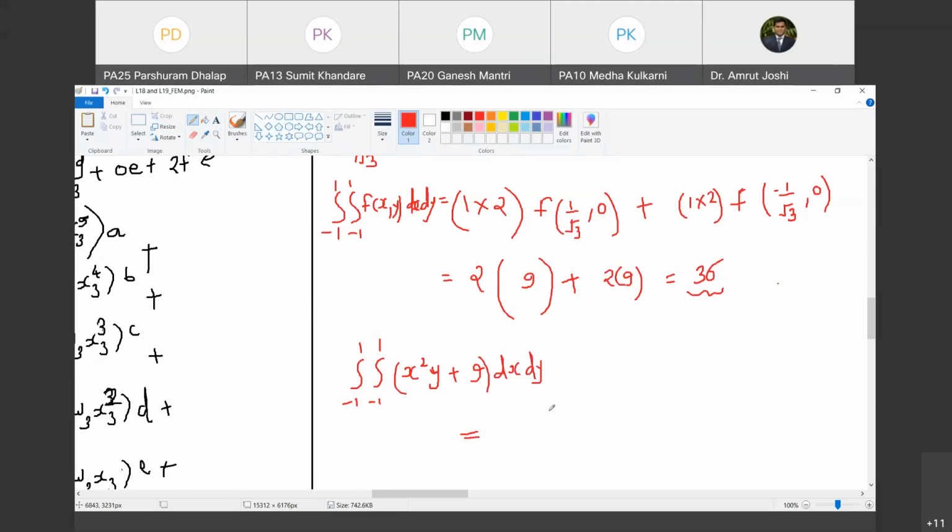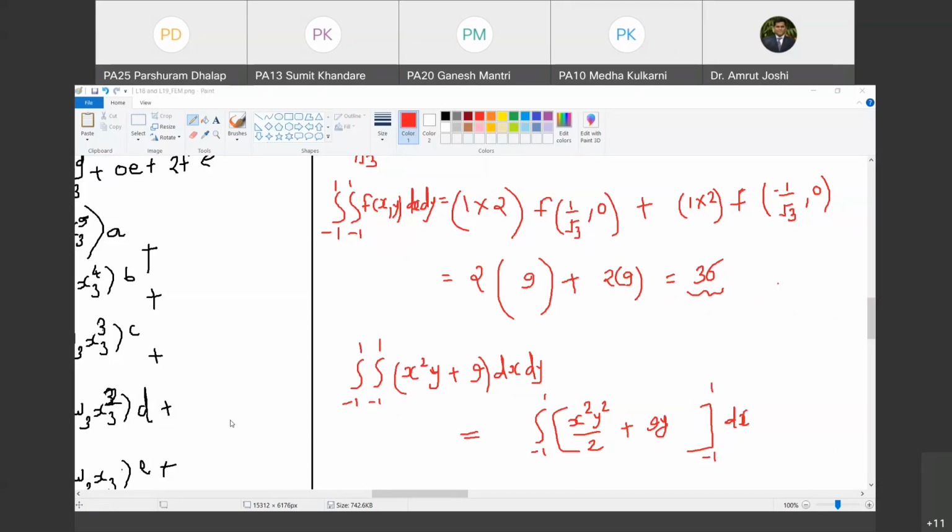When I integrate with reference to y, one integration will remain as it is, that is with reference to x. And if I integrate the inside term with reference to y, I am going to get x square y square by 2 plus 9y. Do you agree with me? And this runs from minus 1 to plus 1.